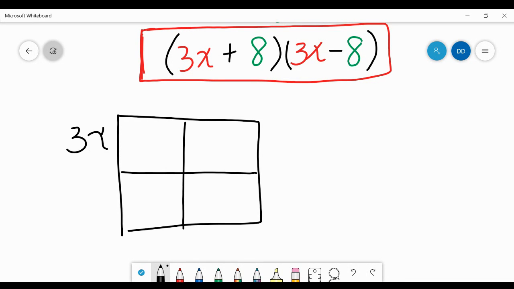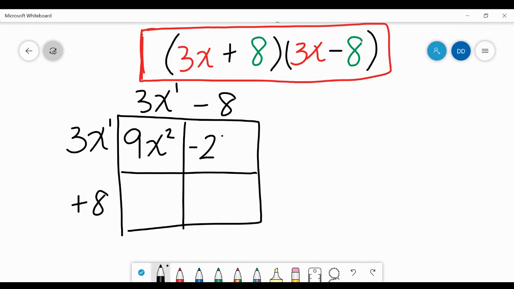We'll put 3x plus 8 on this side, 3x minus 8 on this side. 3x times 3x gives us 9x squared. Remember to add those exponents of same bases. 3x times negative 8 gives us a negative 24x. 8 times 3x gives us 24x over here. And then 8 times negative 8 gives us negative 64.